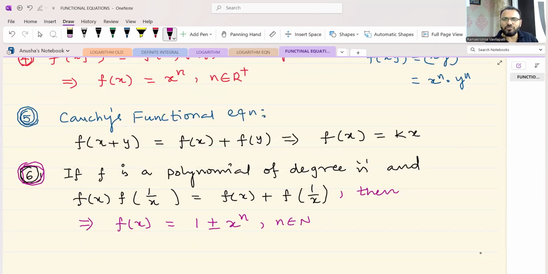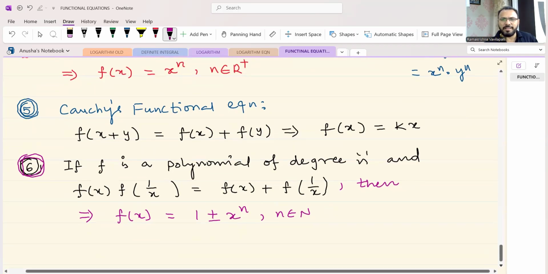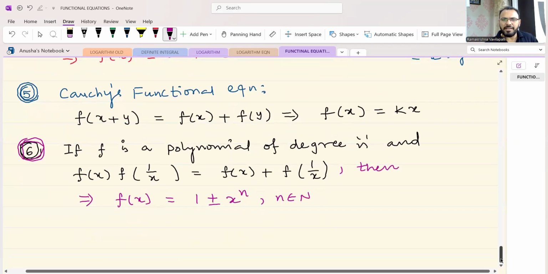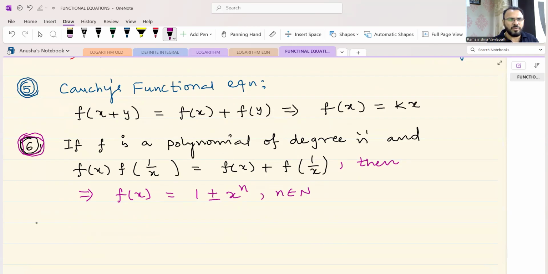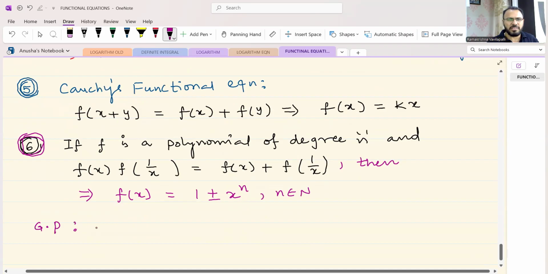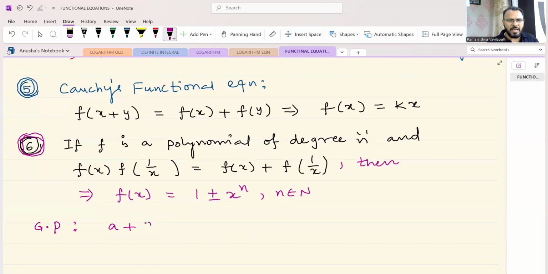I'll solve 2-3 questions based on those functional equations, not more than 4 questions. For the following questions, we require the sum of a GP. So I'll write the GP formula so that we can solve the questions with ease. A plus AR plus AR square and so on.